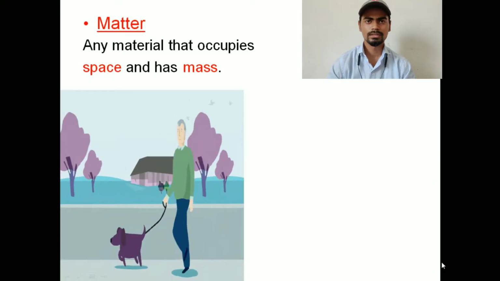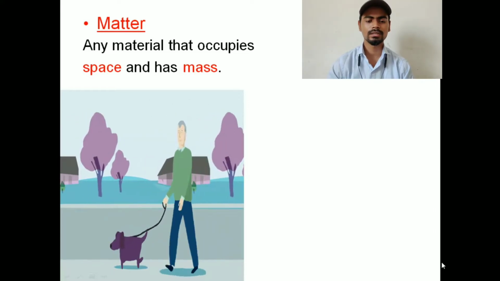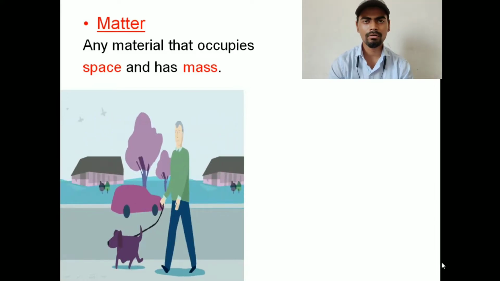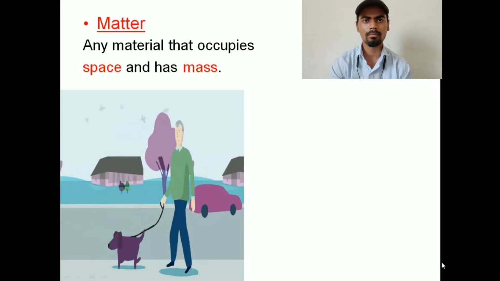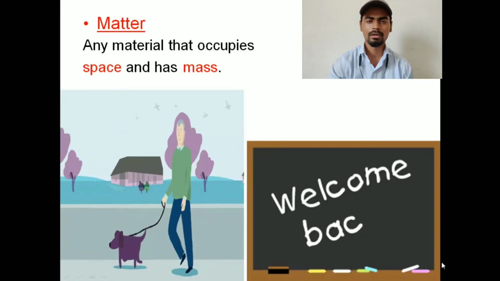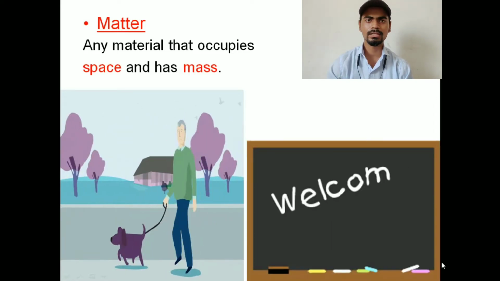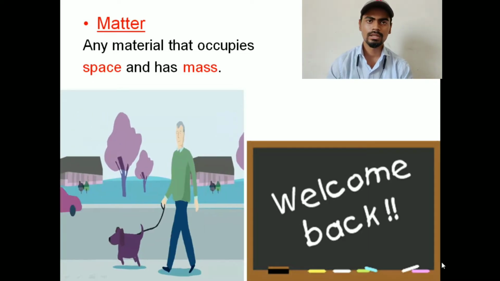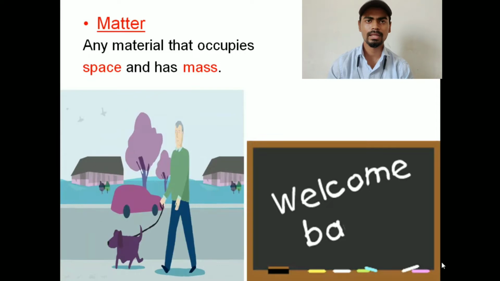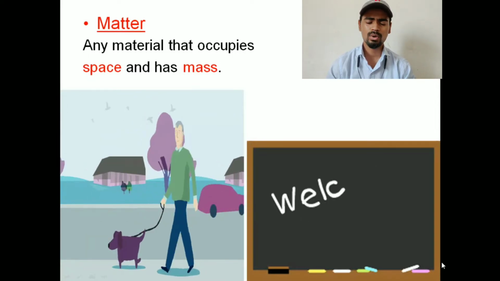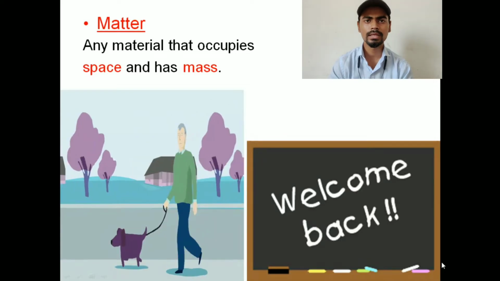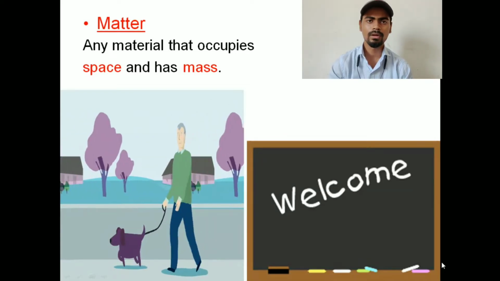You can see this picture on the screen, the man and a dog. Both are living but have this one thing in common, that they are made up of matter. Whether it is non-living, say chalk, duster or furniture in your house, they still have one thing in common, that they are made up of matter.